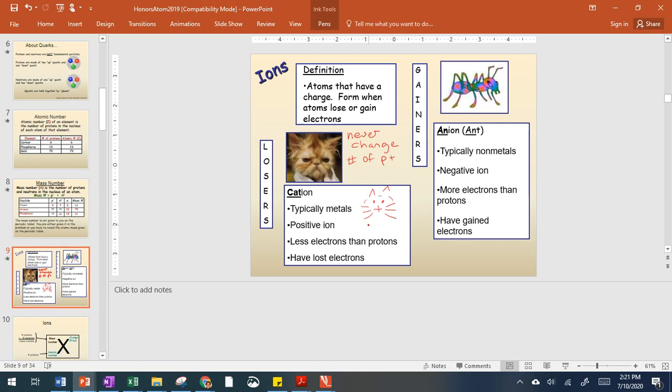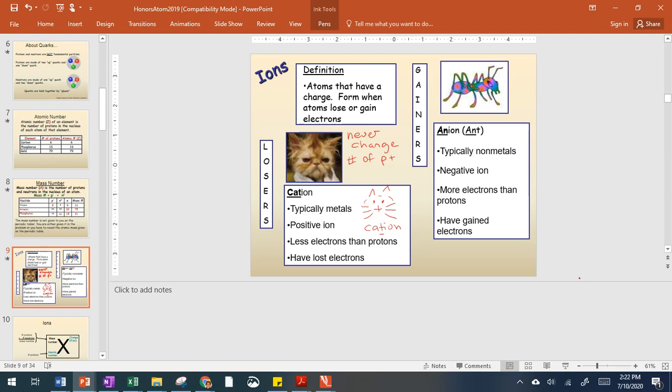And also you could think about cation, the word has a T in the middle, which looks like a plus sign, and again, it's positive. So cations are going to be typically metals. So they are positive. They will have less electrons than protons because they've lost electrons.